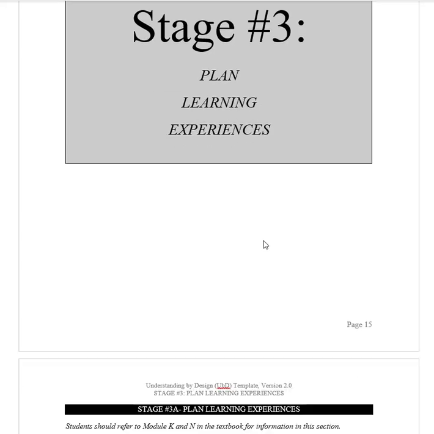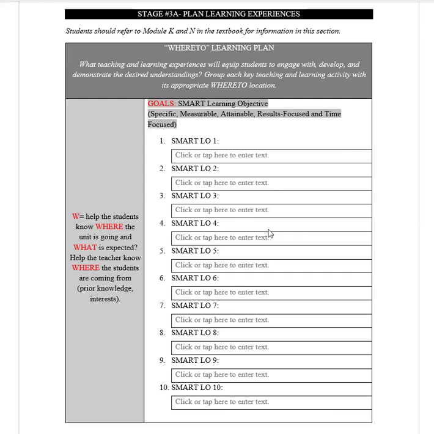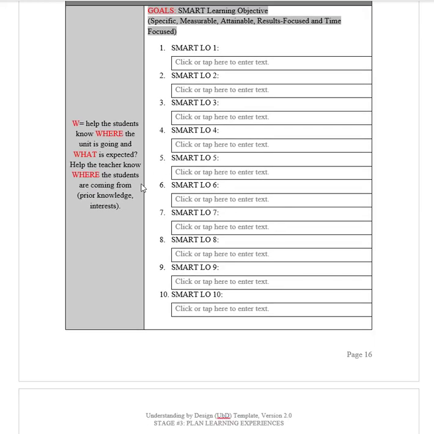So the first one we're going to come to is the W, and that is where and what is expected and why. So what this does is this goes back to the acquisition, meaning, and transfer, and it's going to tell us what it is that we need to ensure that the students get out of this big picture.